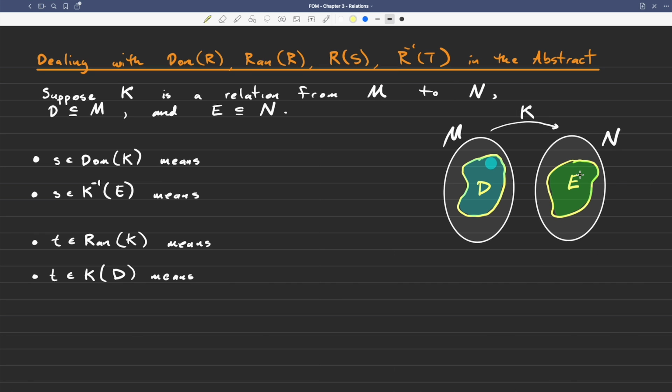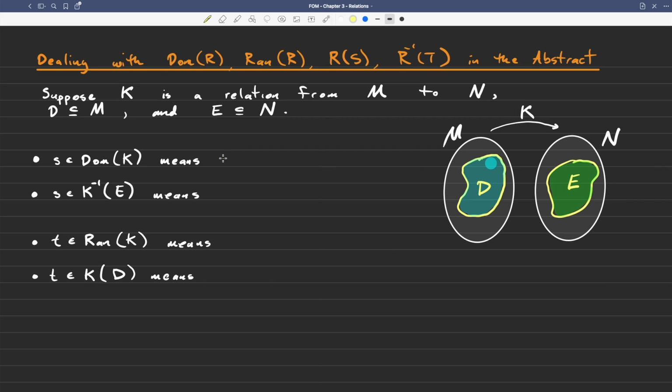Okay, so then I want to just say, according to the definition, what does it mean to say s is in the domain of K? Well, this is one we've done before, but it doesn't hurt to practice this a few times. To say something's in the domain simply means that it's the first component of an ordered pair that appears in K. So s is the first component.